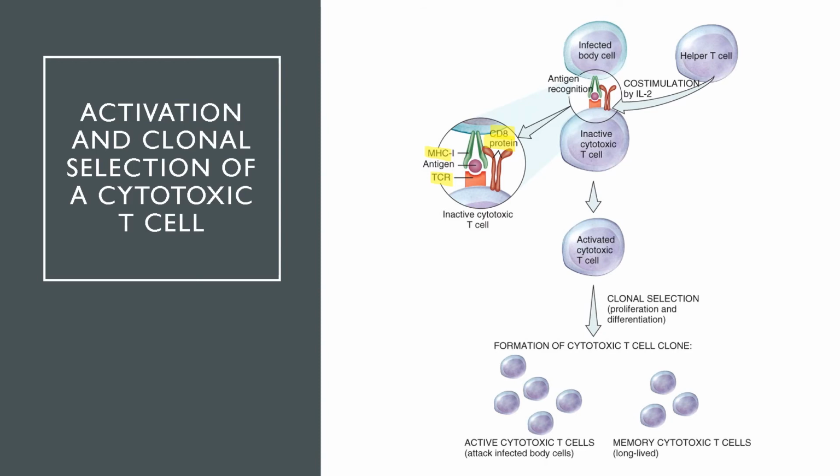And these molecules will present antigens on a couple of different cells. So body cells that are infected by microbes, some tumor cells will also present antigens on an MHC1 molecule.